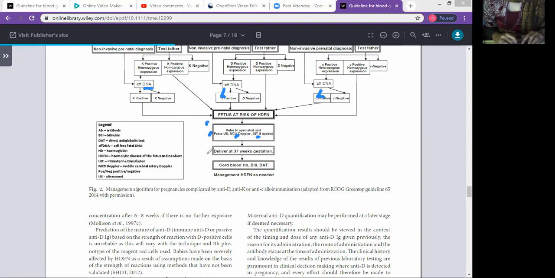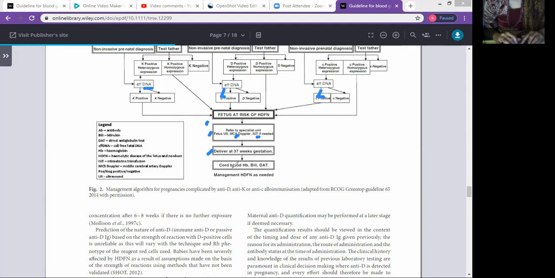Another thing that they would stress upon is delivery at 37 weeks of gestation. And then they need to have a cord blood hemoglobin and bilirubin. The maternal blood group sample is also sent, and a cord blood sample is also sent to assist in the management of HDFN.